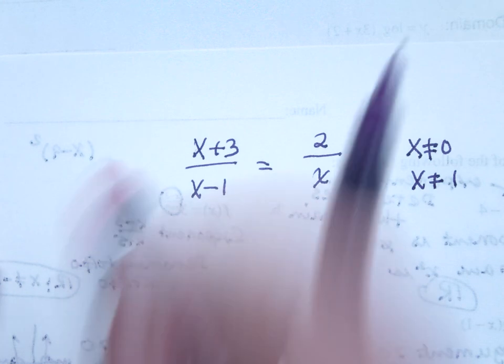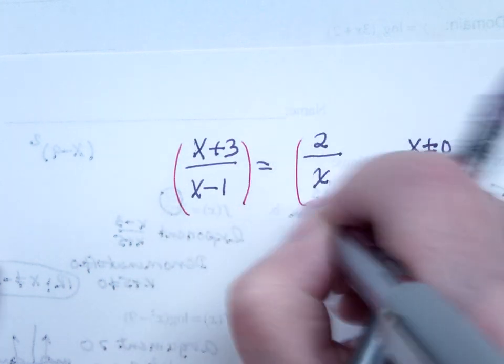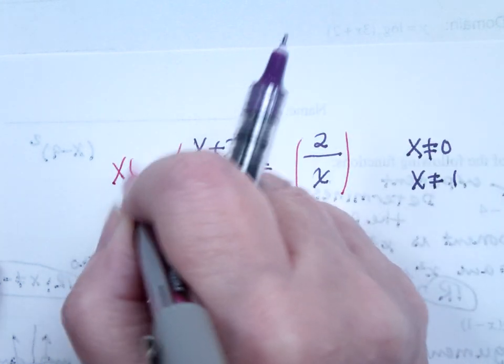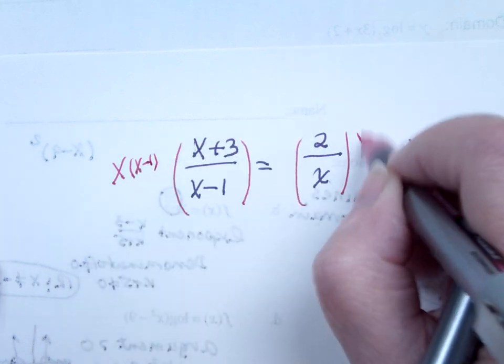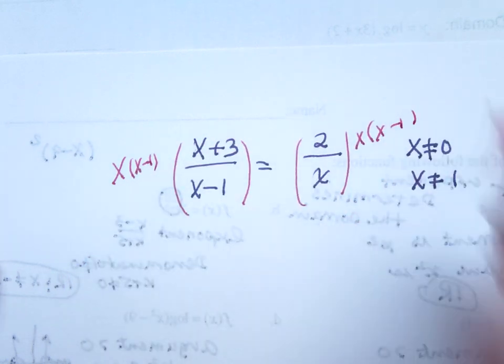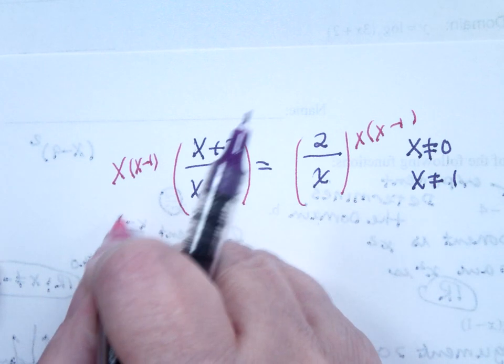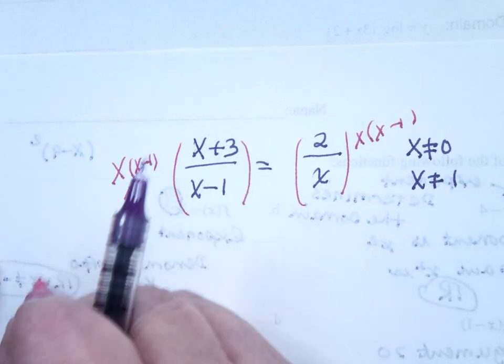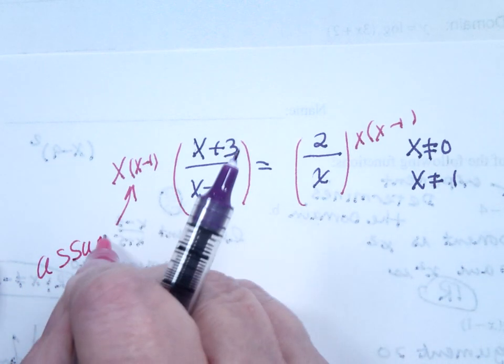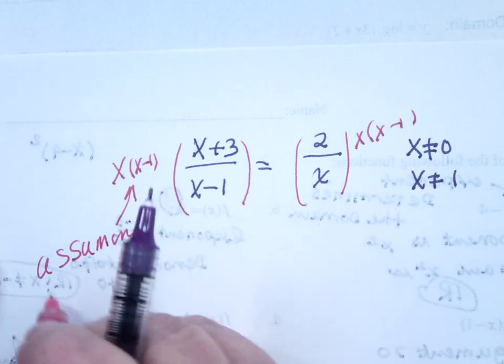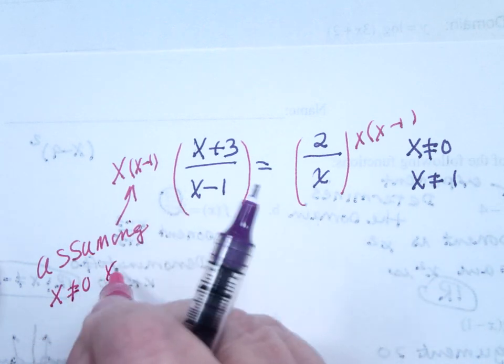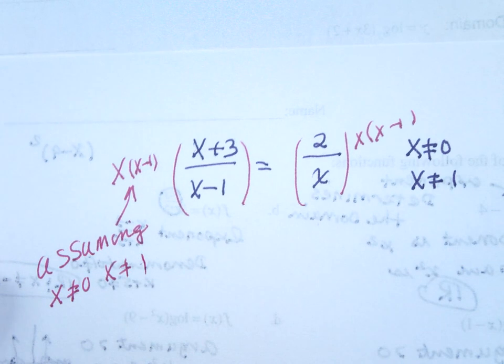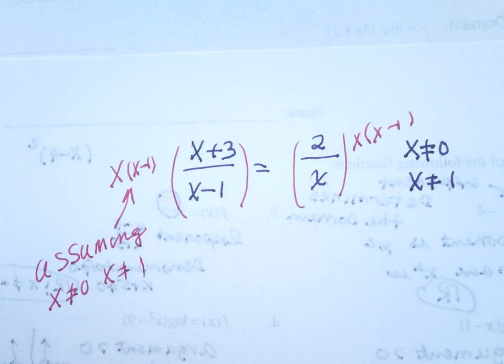Well, I'm going to multiply both sides by the common denominator, which kills the denominator. But when I do that, I am assuming that x can't be 0 and x can't be 1. That's the assumption I'm making when I actually do that process.